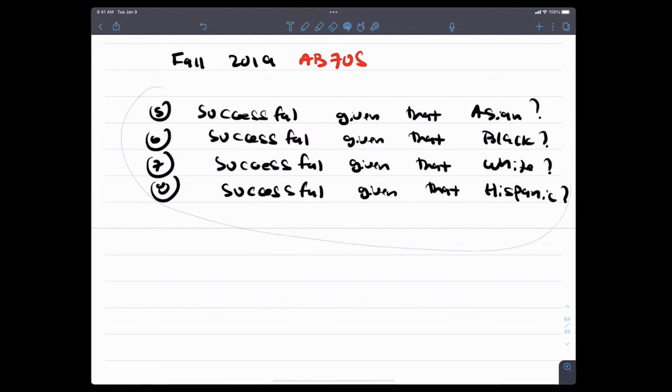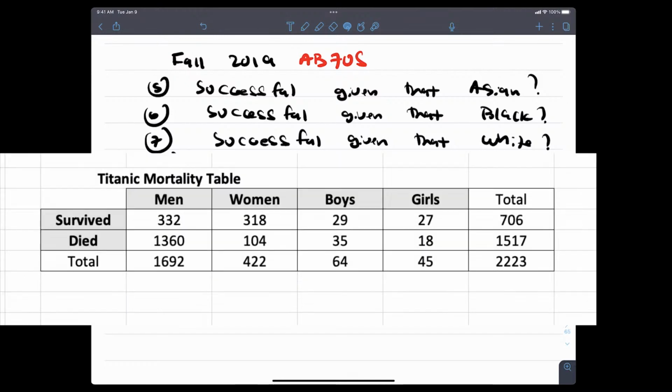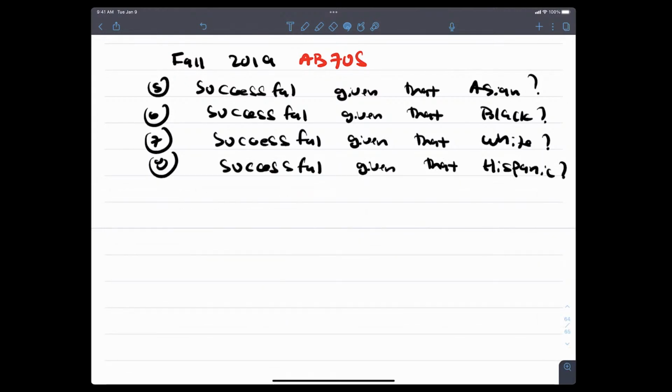And this time, I'm going to share with you the data from that course here. I think I have it right here. Let me double check. No, that's Titanic. All right, let me go here. This is the data.